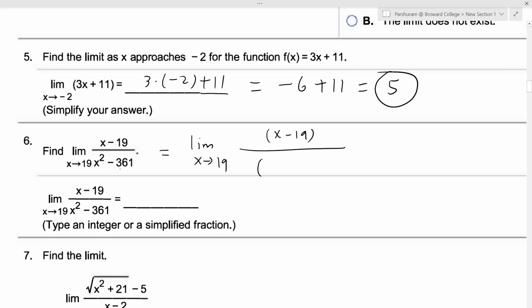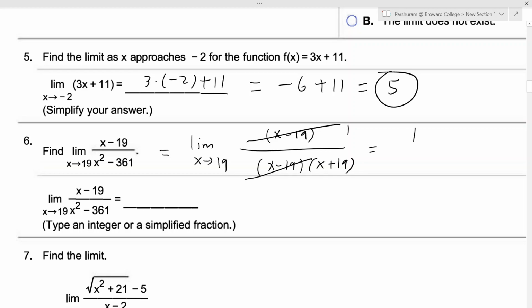If you try to factor this, it would be x squared minus 19 squared. 361 means 19 squared. By using the difference of squares formula, we can have x minus 19 and x plus 19. So we can cancel the common factor, and that gives us 1 over x plus 19.